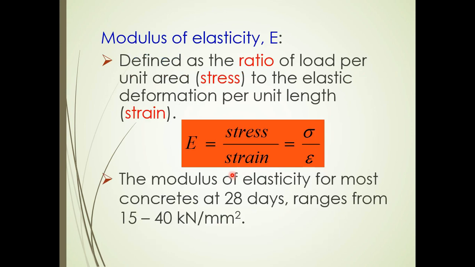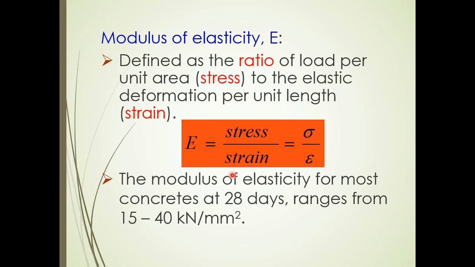Okay, so from the elastic deformation, we can get our properties of the concrete. The first property that we can get is the elasticity of the concrete. The modulus of elasticity, the E value, is defined as the ratio of the load per unit area, which is the stress, to the elastic deformation of the unit length.